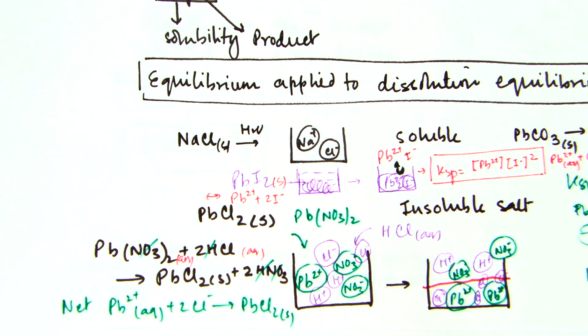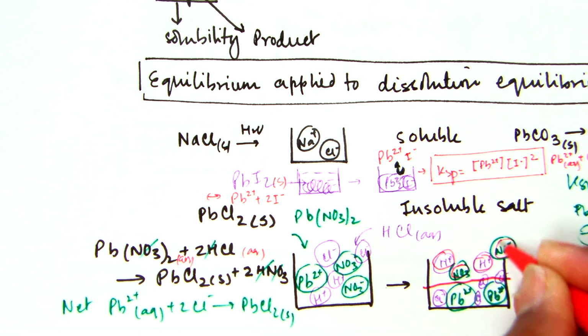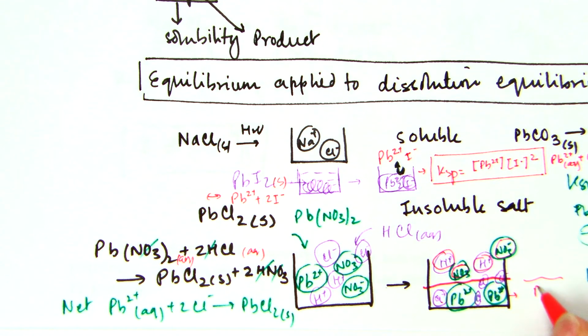Now as the precipitate forms, you draw Pb2+ and Cl- Cl- here, Pb2+ and Cl- Cl- here, and HNO3 separated. These are not together, they are separated from each other because these are spectator ions. The common question that students ask is, can they just write PbCl2 here as well instead of writing Pb2+ and 2Cl-? Sure, you can, as long as your mole ratios are correct.